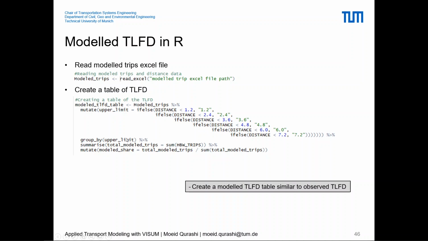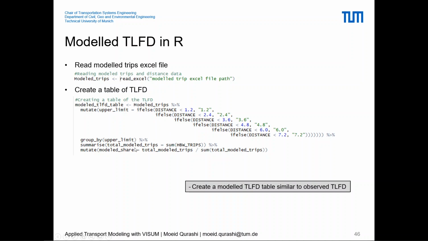We'll mutate a new upper limit column which has these six different rows of the upper limit of all the intervals, and then we'll group by these intervals using this constraint, distance is less than the upper limit, and then we'll summarize the trips, the home-based work trips, the model trips that we have for all the intervals.